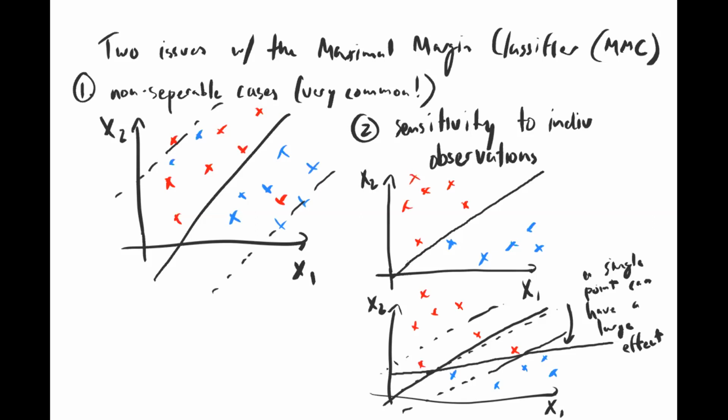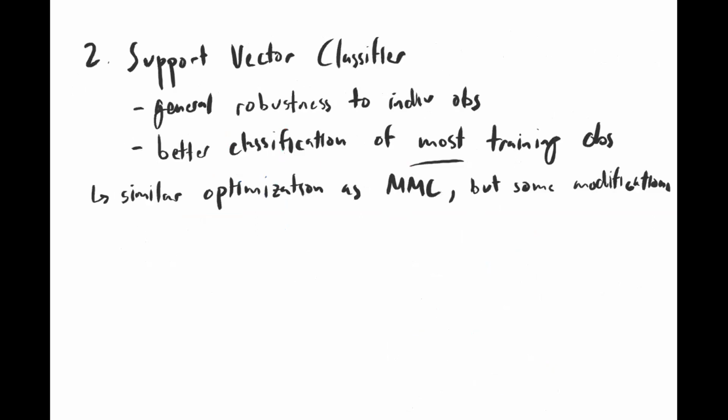Okay, and so that's actually addressing the question that came up: what does general robustness to individual observations mean? When I defined it here, this just means that single points don't swing the line as much as you would see in the MMC case.